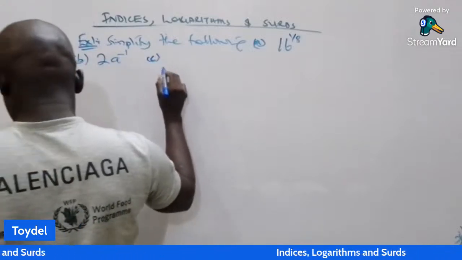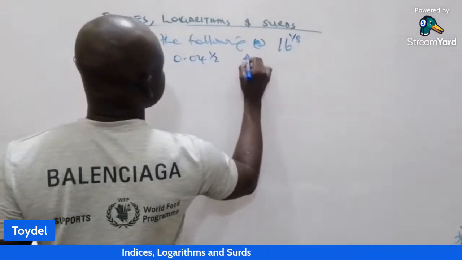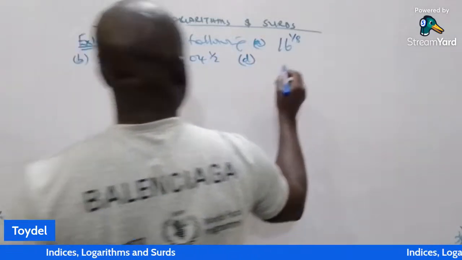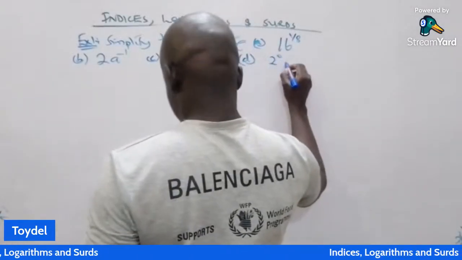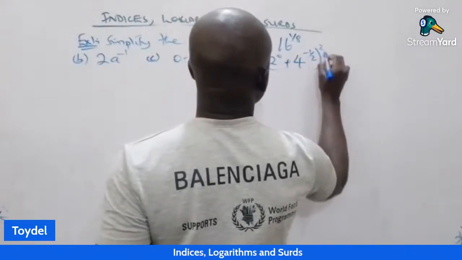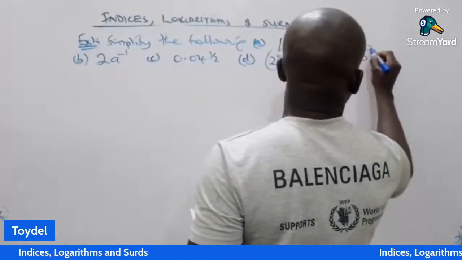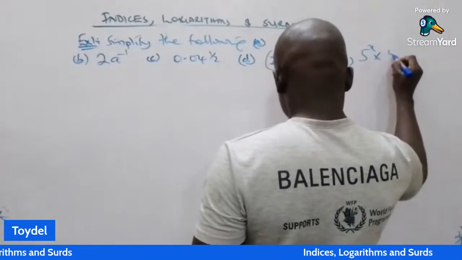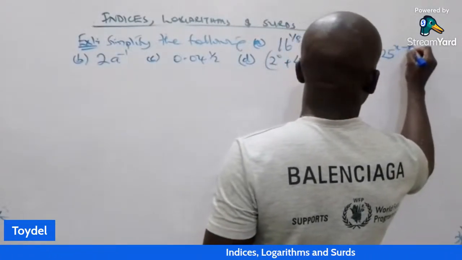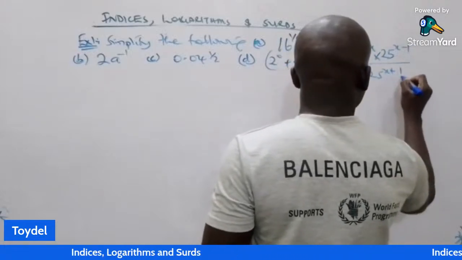C: 0.04 raised to power half. Then D: 2 raised to power 0 plus 4 raised to power minus half, all squared. Then E: 5 raised to power x multiplied by 25 raised to power x minus 1, all over 125 raised to power x plus 1.